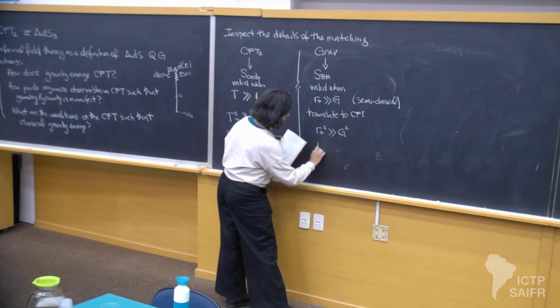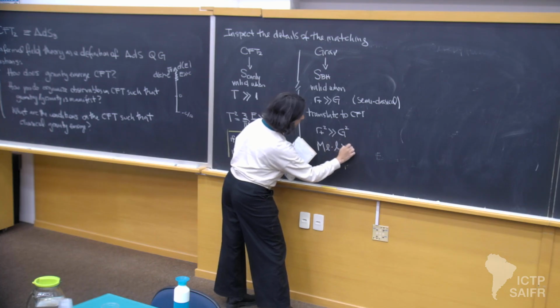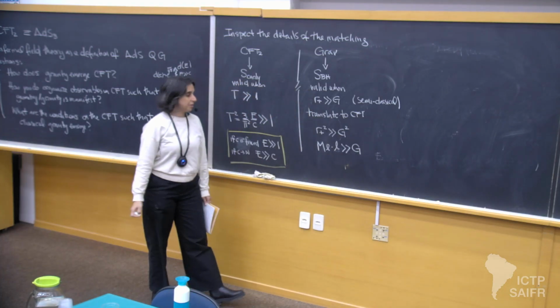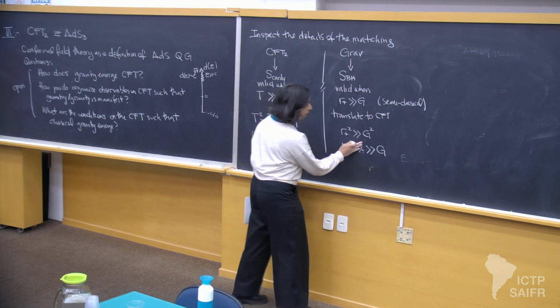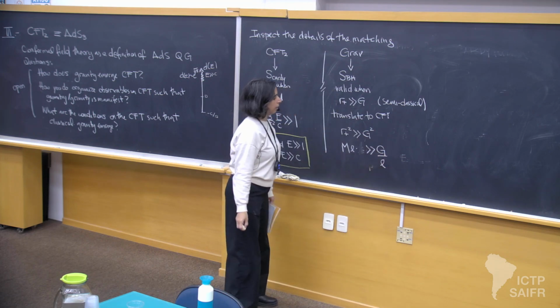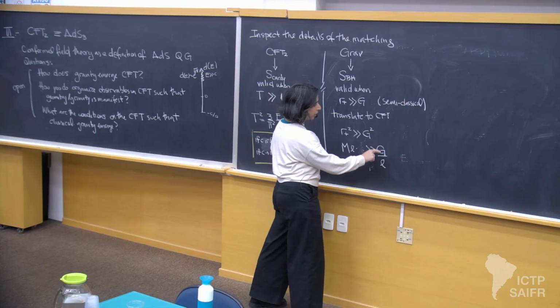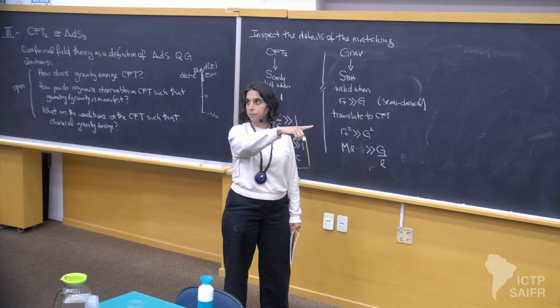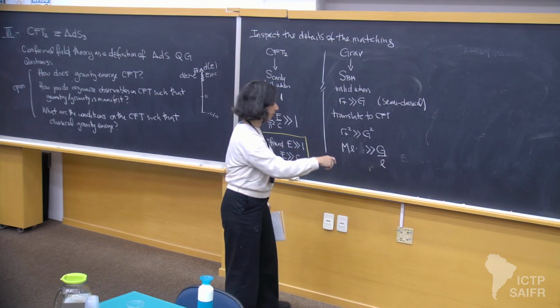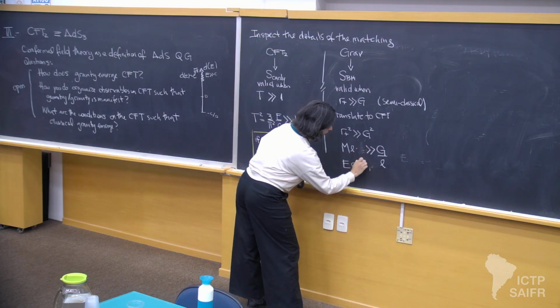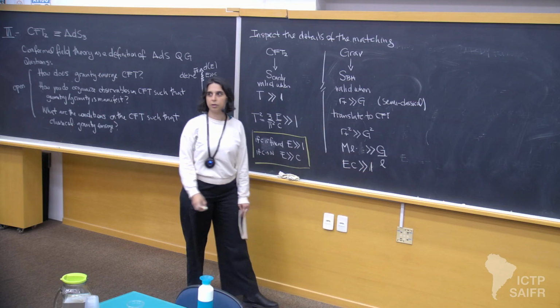If you translate this and rearrange things, the statement is equivalent to the statement that M times L is much bigger than G. I'm going to put this L down here. And this ratio, G over L, is what controls the central charge, right? So this is telling me that E times C has to be much bigger than 1.